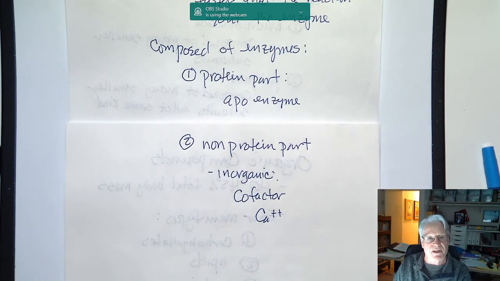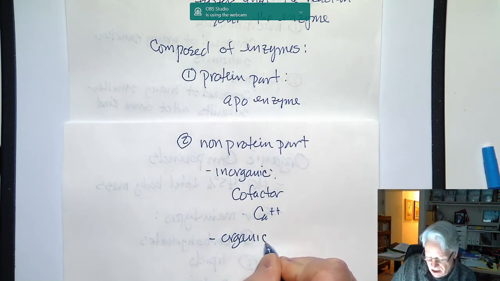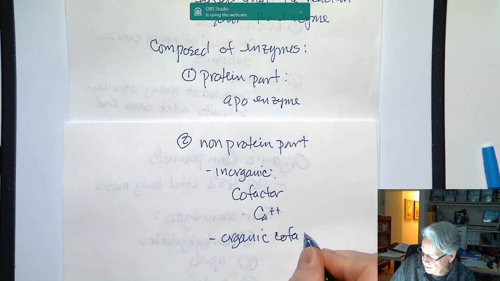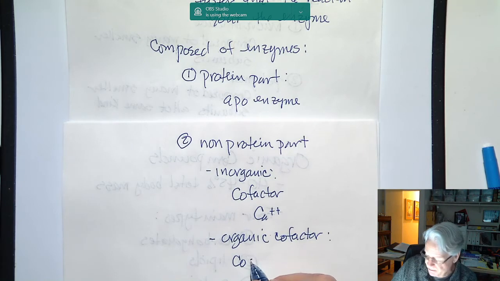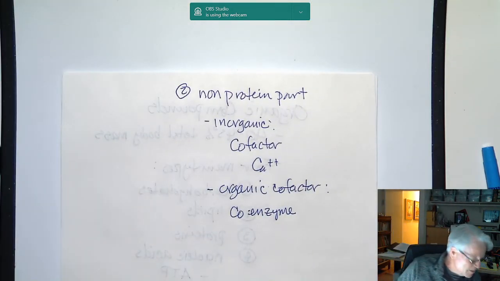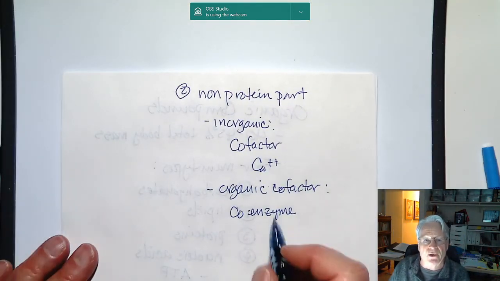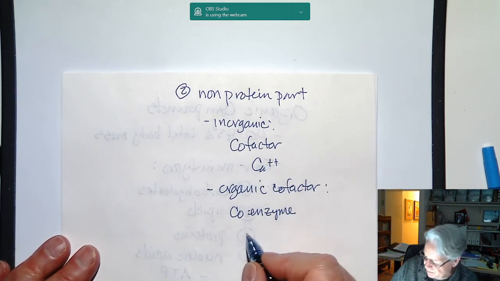Calcium is used as a part of an enzyme, and we would call that the cofactor of that enzyme. Or we can have an organic cofactor, which would then be called a coenzyme. And for us, many of the coenzymes, that is the organic cofactor that's part of the enzyme, are vitamins.